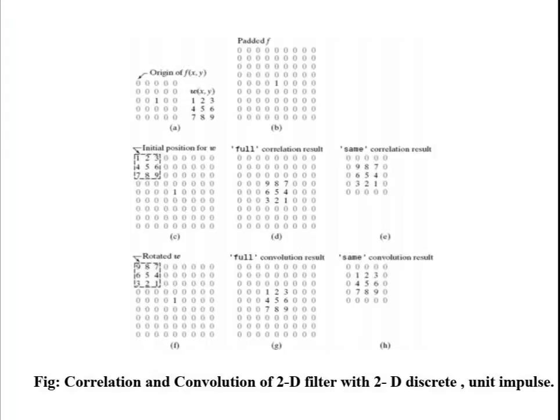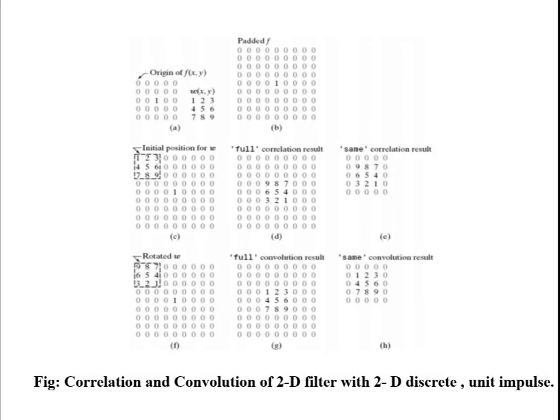This figure shows that for a filter of size m by n, we pad the image with a minimum of m-1 rows of zeros at the top and the bottom and n-1 columns of zeros on the left and right. In this case, m and n are equal to 3.